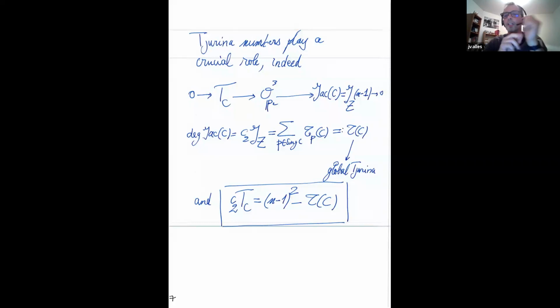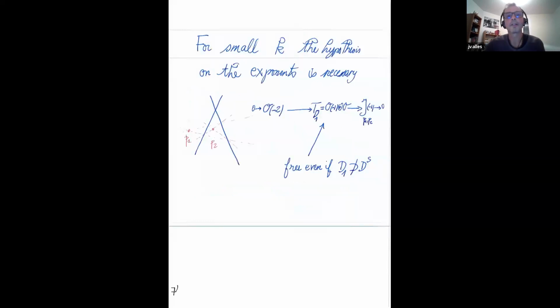So the knowledge of this c2 is very important to decide if it is free or not. This is the point.